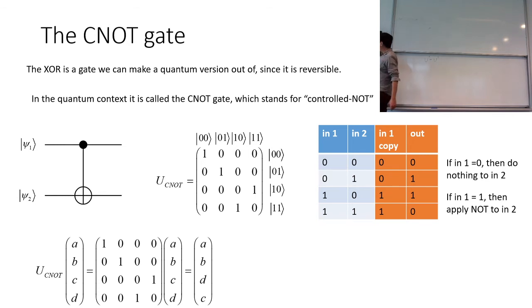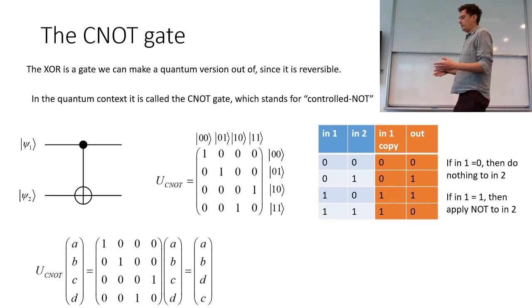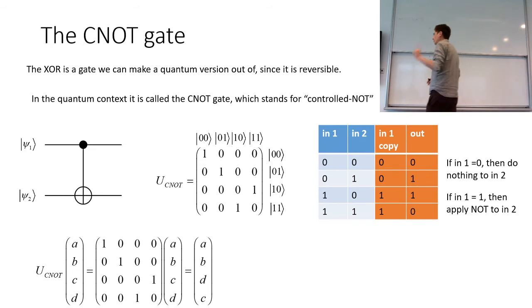In 2, which is the bottom leg here, it's the same if the first one is 0, or it's flipped if the first qubit is 1. So basically, it's the controlled NOT. It's like a NOT on the second qubit, except that it only happens if the first qubit is 1.